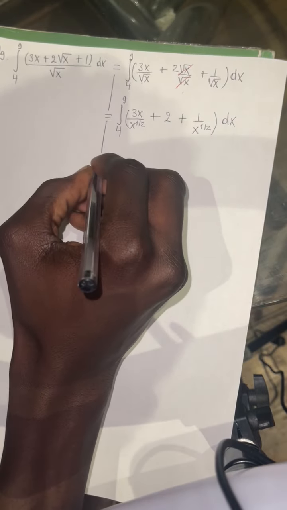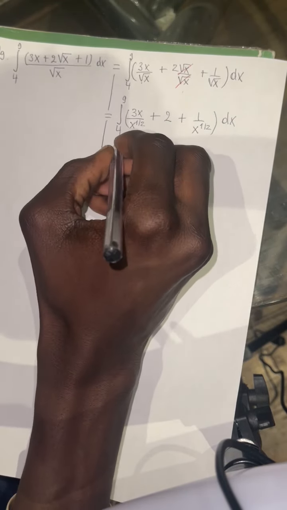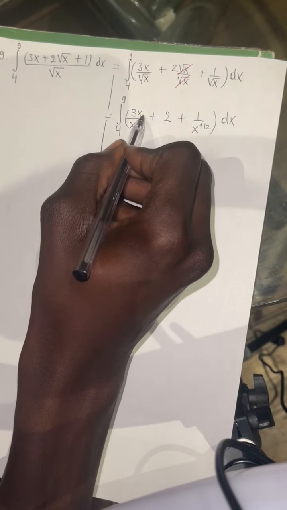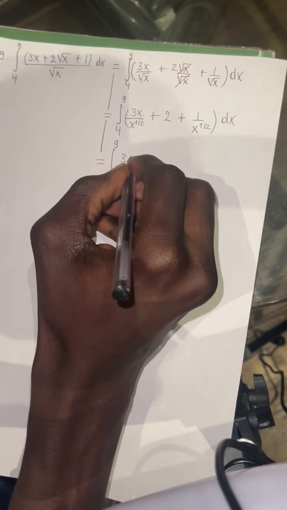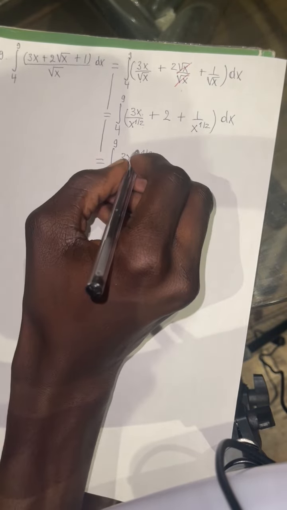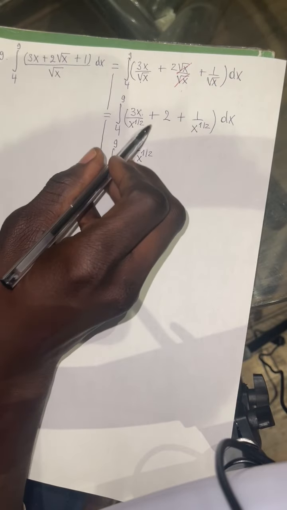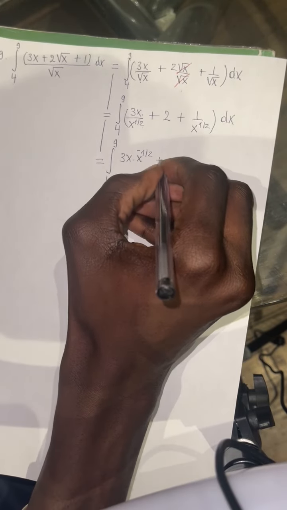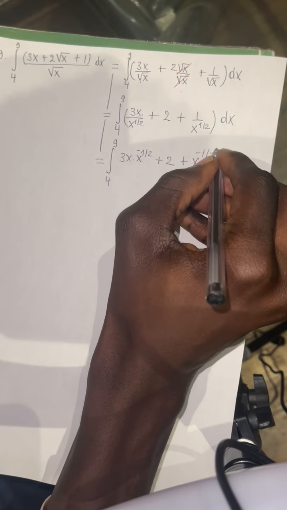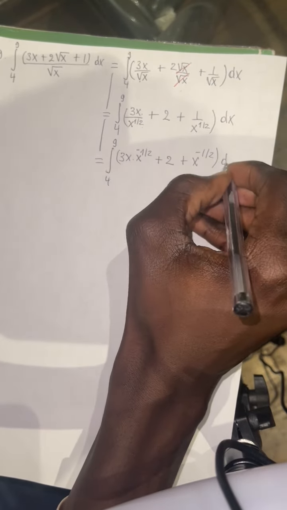So now what we do is take the denominator and put it in the numerator. So we're going to have 3x times x to the 1 over 2. Now it's going to be negative because it was on the bottom and we put it on top. So this 2 still remains 2 plus x to the minus 1 over 2, and everything dx.